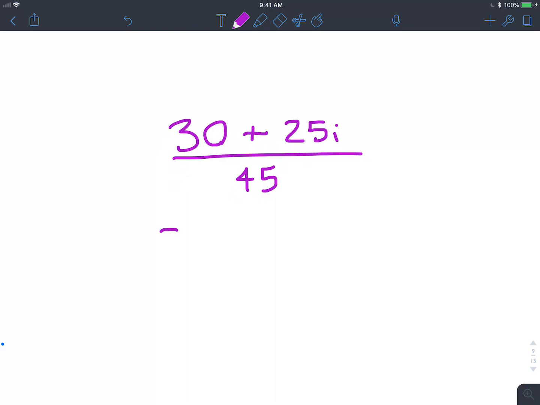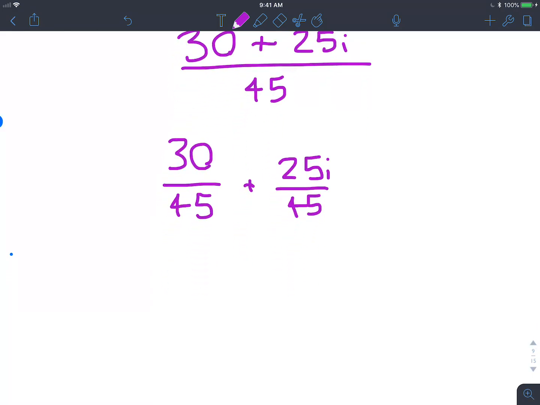So when you split apart your fractions, I want you to make sure you always, always, always reduce these. So if you have that right there, 30 over 45, I think those are both divisible by 15. So that'd be 2/3. 15 goes into 30 2 times, and then 15 goes into 45 3 times.